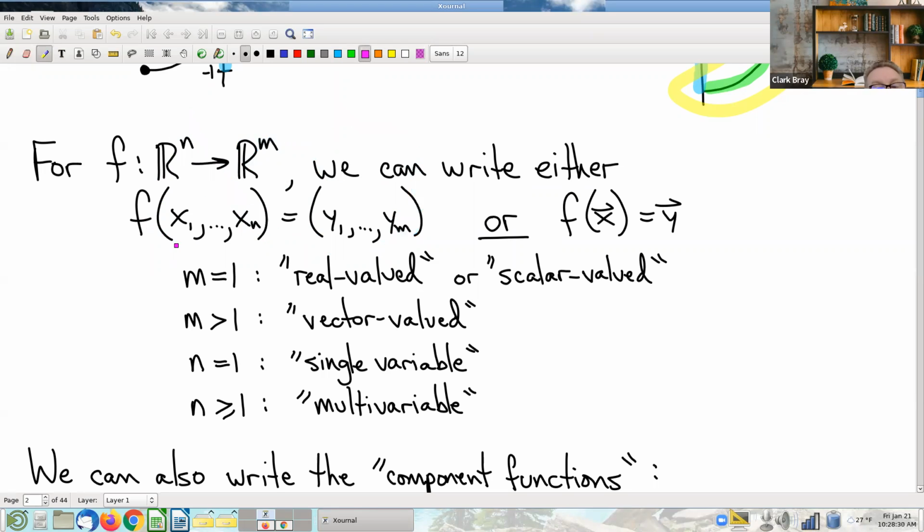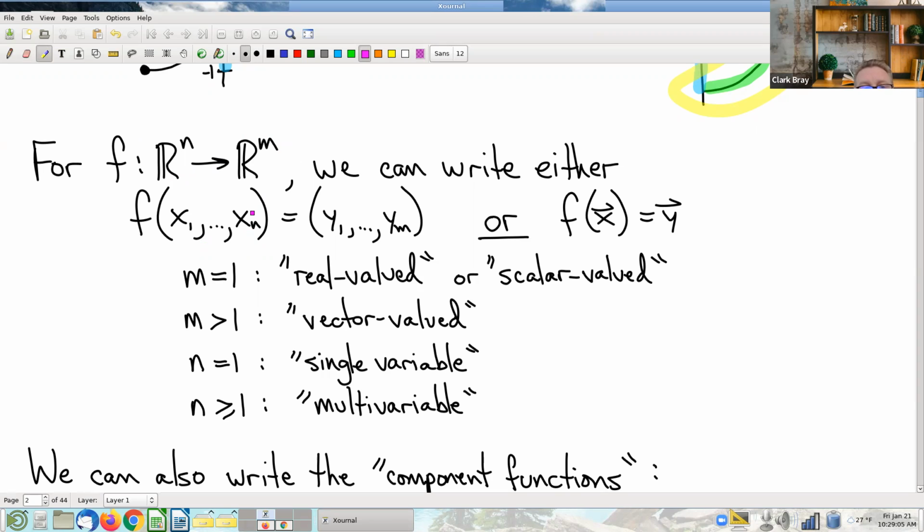For whatever it's worth, you can think of this as a bunch of numbers going in, but I would rather think about this as a vector going in. Don't think of this as a bunch of little things. Think of this as one big thing. It's a vector. It's a little easier to see when you write it like this. A vector goes in and a vector comes out. Or, depending on the context, maybe you think of this as a point in space that goes in, and a point in space that comes out.